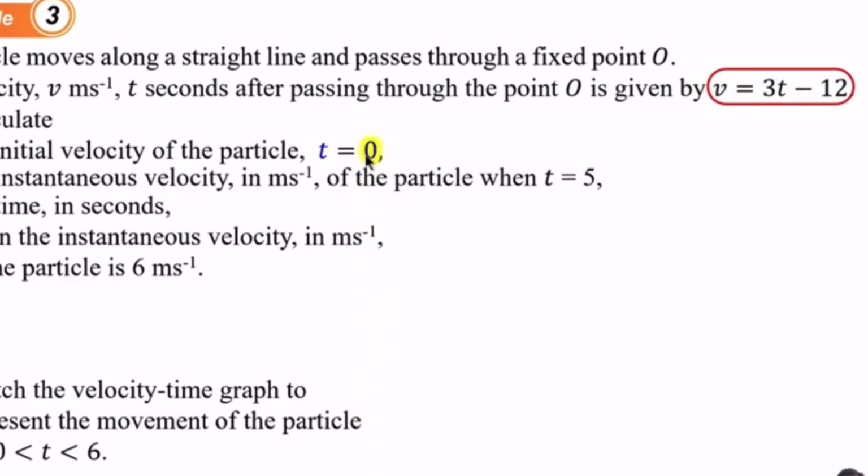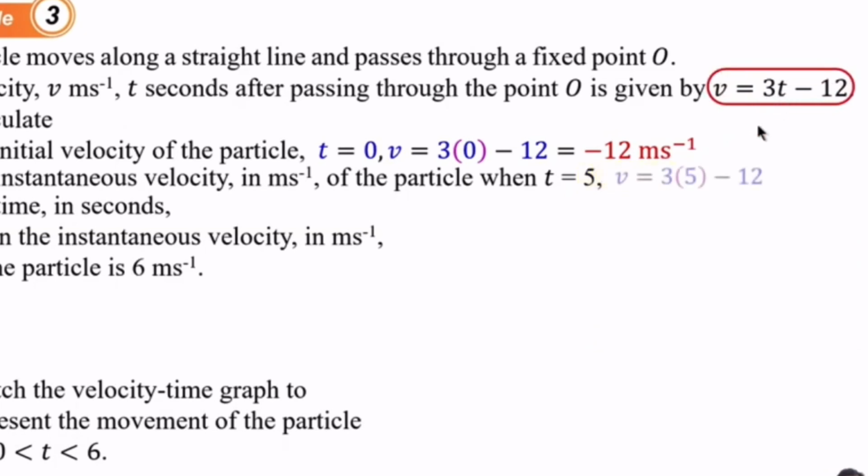Now you need to find the initial velocity. Initial velocity means t equals 0, so we substitute: the velocity is 3 times 0 minus 12, which is negative 12 meters per second.